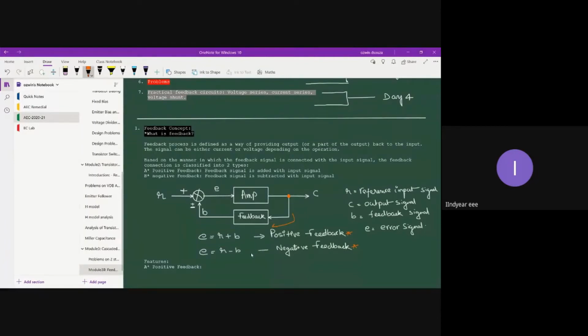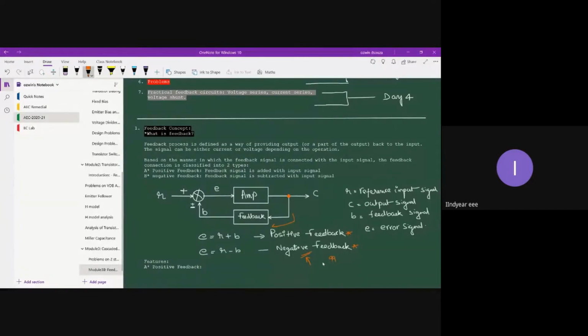I can give you an example of what you mean by positive feedback and negative feedback. Before that, let me tell you one thing. Positive feedback is seldom used in nature. Almost all the systems we use in our day-to-day life belong to the negative feedback category.